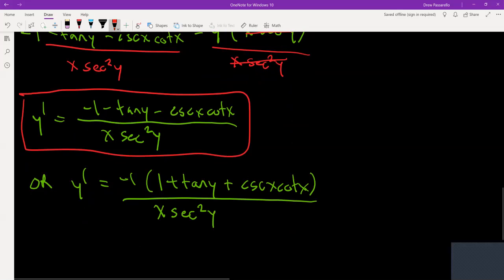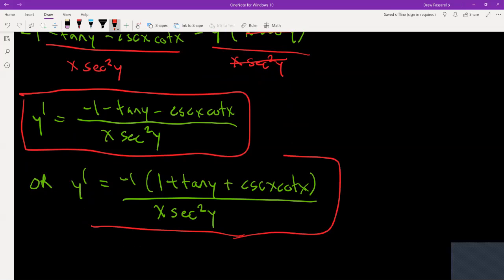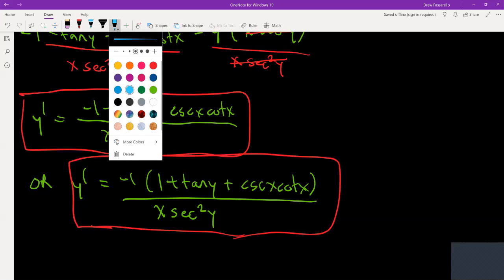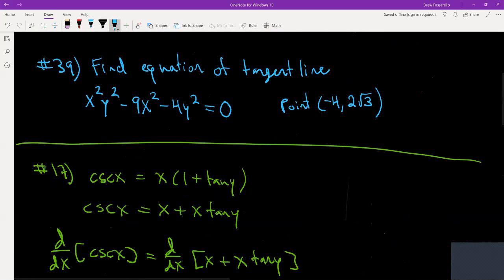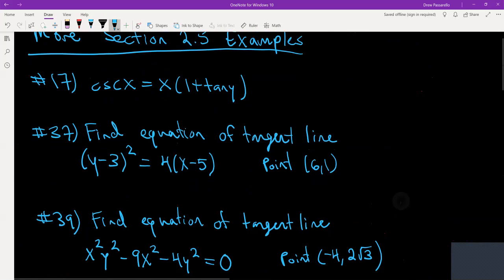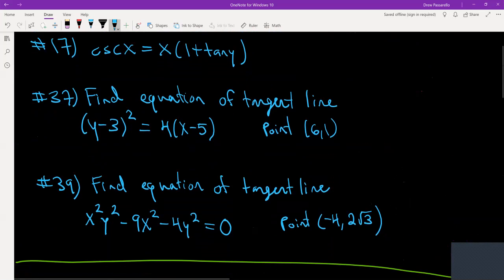So whichever of these two you want. All right, so that's how you do that one. The next one is number 37, and we're going to find the equation of a tangent line.